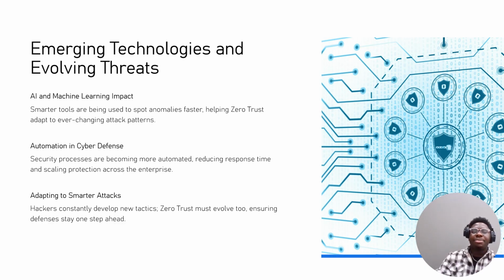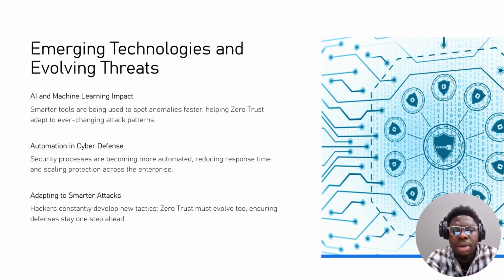Now, AI and machine learning impact. Smarter tools are being used to spot anomalies, which is helping zero trust adapt to ever-changing attack patterns. If the bad guys are utilizing AI, we might as well adopt and use AI to help us. AI fighting against AI.